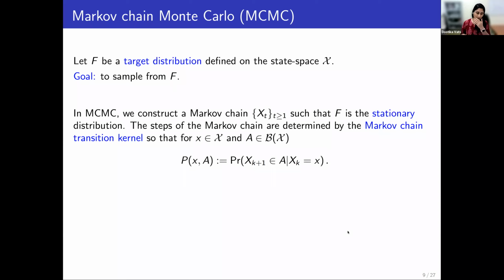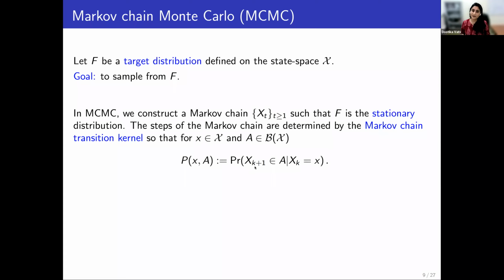Right? So starting from a point X in my state space to a nice set A, the Markov chain transition kernel is denoted by P(x, A), which is the probability that the next step, the (k+1)th step, is in the set A, given that the kth step is equal to x. Different ways of constructing such transition kernels will give us different Markov chains and different sampling algorithms.